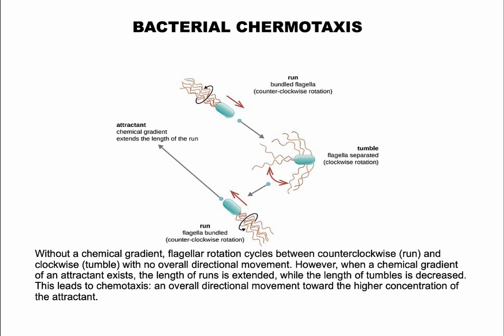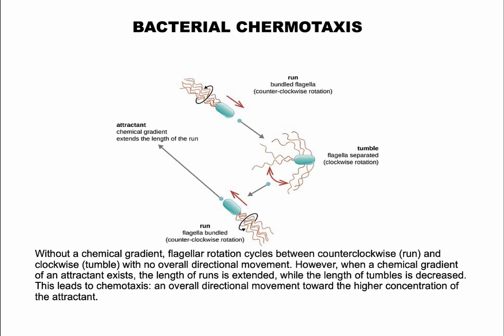This method allows them to gather information about the concentration gradient's orientation. As a bacterium approaches a higher concentration of an attractant, the duration of the runs, driven by counterclockwise flagellar rotation, increases, while the tumbles, driven by clockwise flagellar rotation, decrease.